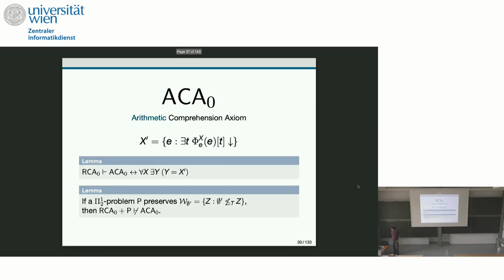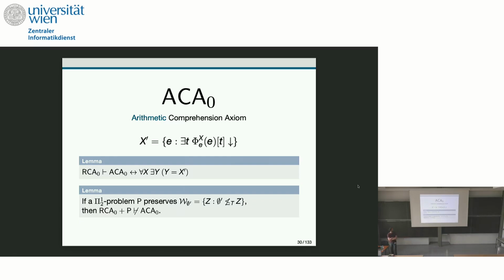And in particular, for every set x in the model, the halting set relative to x is Sigma^0_1 definable. So by the comprehension axiom, the halting set will also belong to the model. So the models of ACA0 are closed under the Turing jump. And actually, by Post's theorem, any arithmetic formula can be obtained by finitely many iterations of the jump.